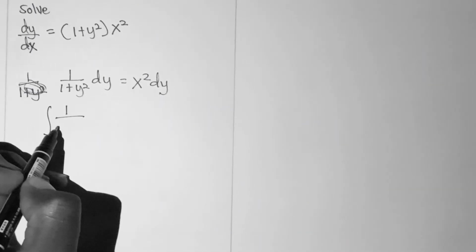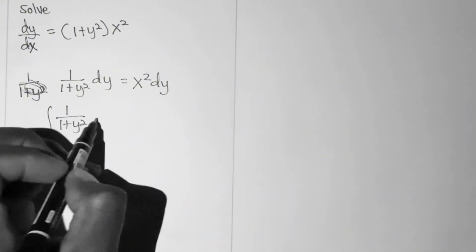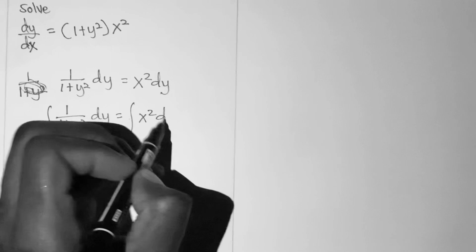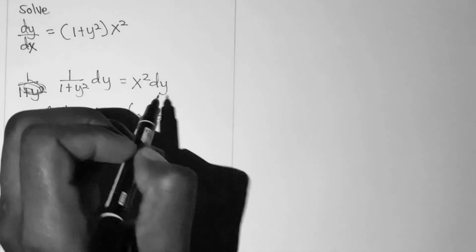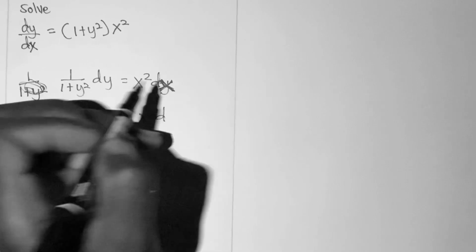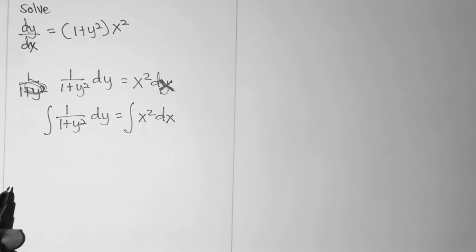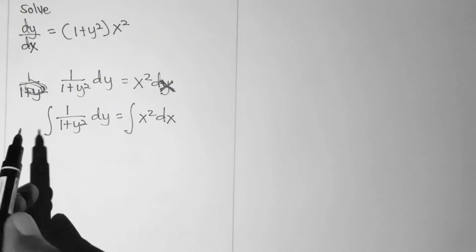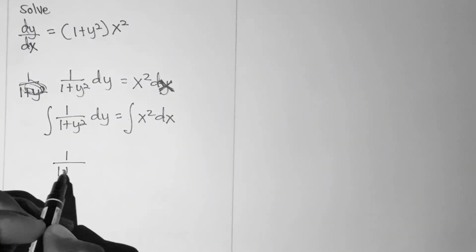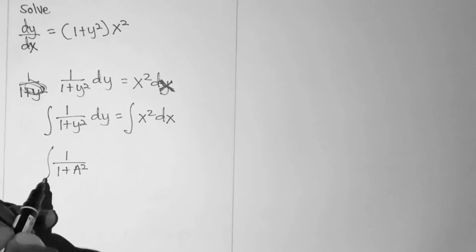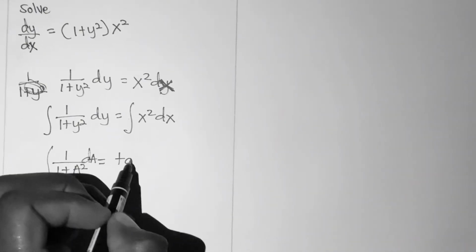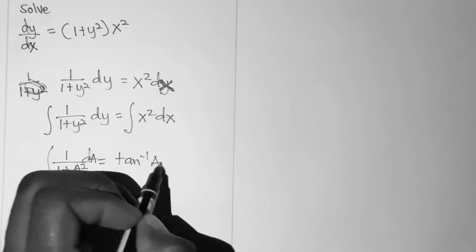The integral of 1 divided by 1 plus y squared dy is equal to the integral of x squared. Sorry, I made a mistake here. Here is the x squared dx, because we multiply through by the x squared. Now, the integral of 1 over 1 plus a squared, all of this da, is equal to tan inverse of a.